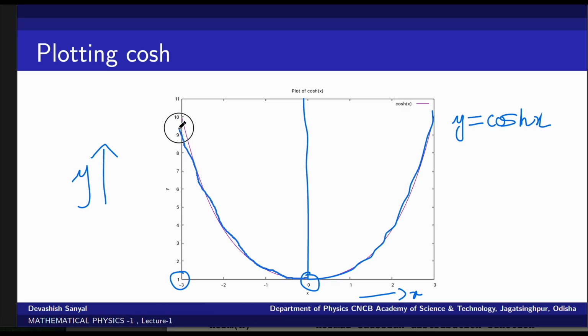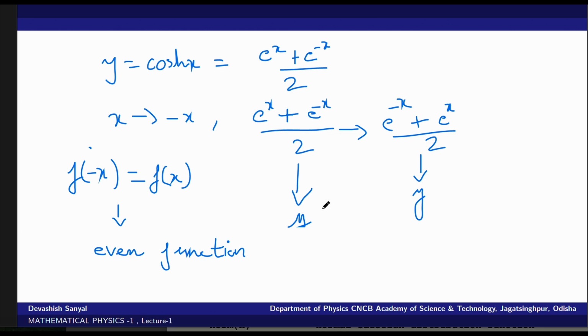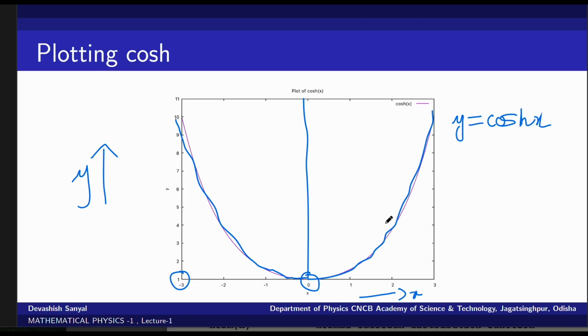Cos hyperbolic x is an even function. And this is the logic: if you flip the sign of x, then nothing changes. Here it was y, here it was y. So whatever value you have here, you will have the same value on the opposite side.